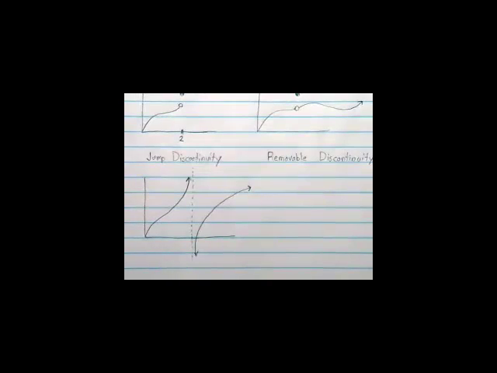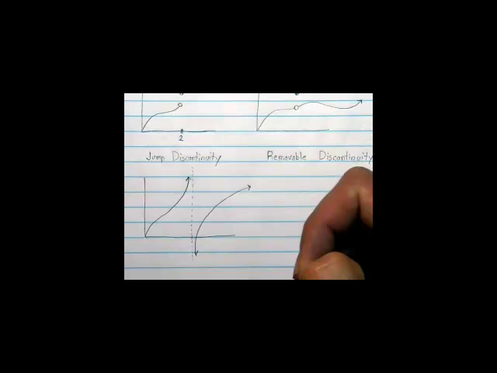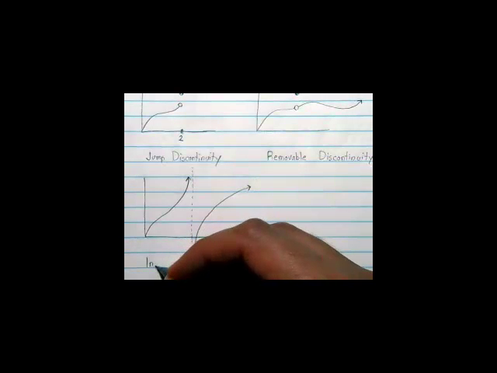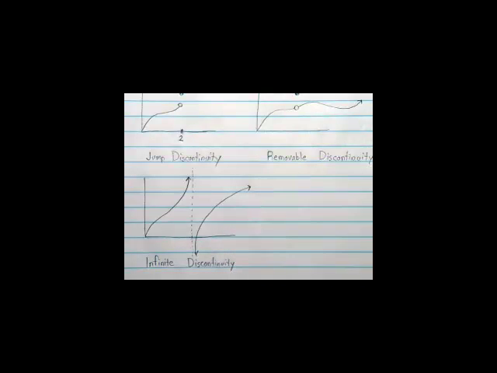So this is a vertical asymptote, but the type of discontinuity it is called an infinite discontinuity. All right, so that's it. Those are the different ones we've got.